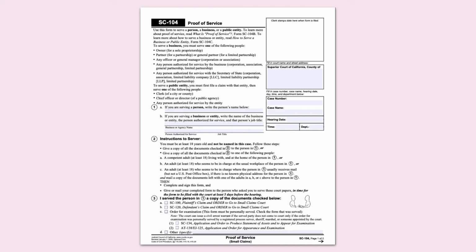It's important to note the sheriff charges a service fee of $40 for each defendant on whom they serve papers, unless a fee waiver has been approved. Process servers do not accept fee waivers, and their fees vary. Both the sheriff and a registered process server use their own proof of service forms, so follow up with them for the most accurate information.